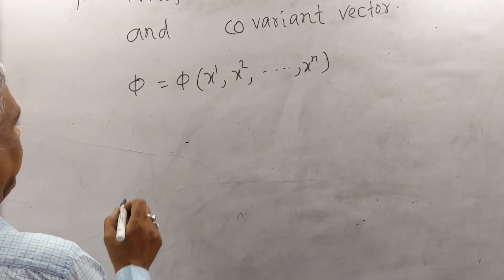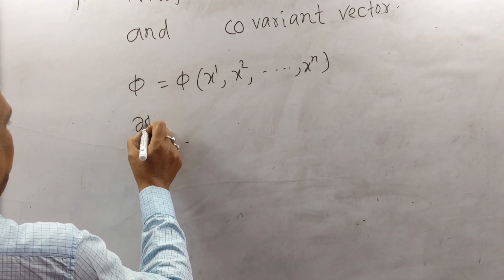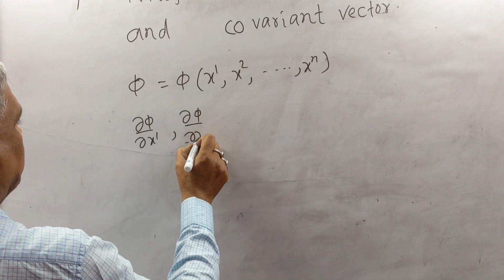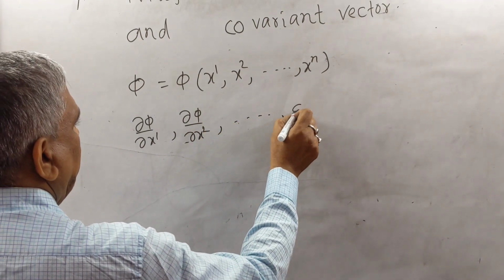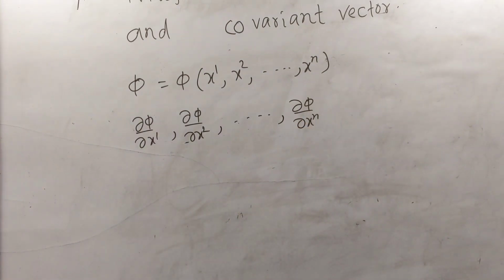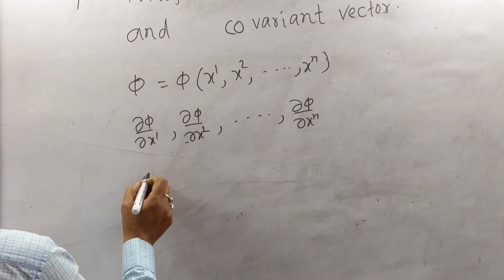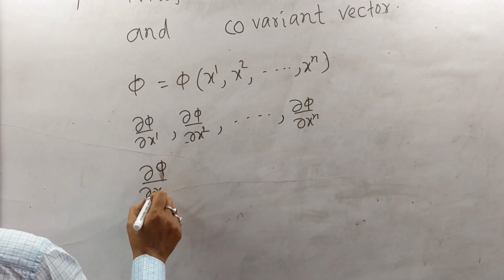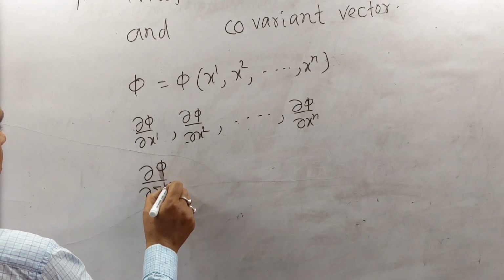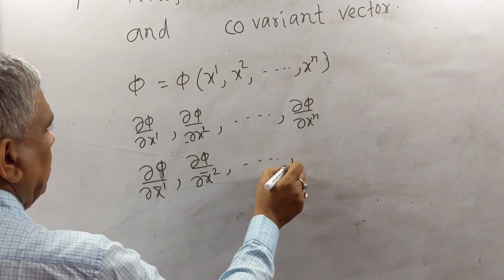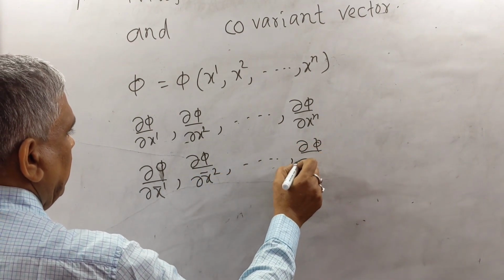We may find values del phi by del x1, del phi by del x2, ..., del phi by del xn, and the corresponding values in the x bar system of coordinates are del phi by del x bar 1, del phi by del x bar 2, ..., del phi by del x bar n.